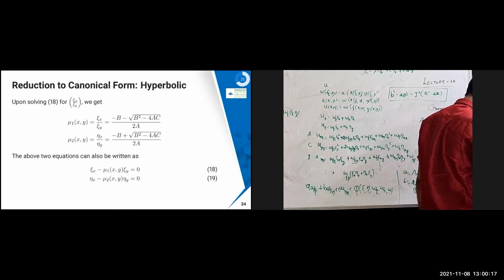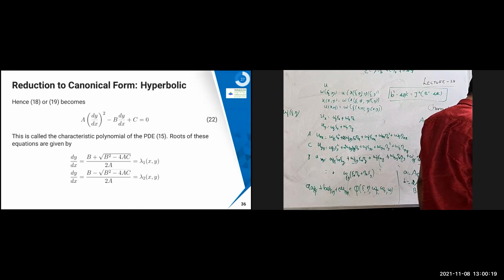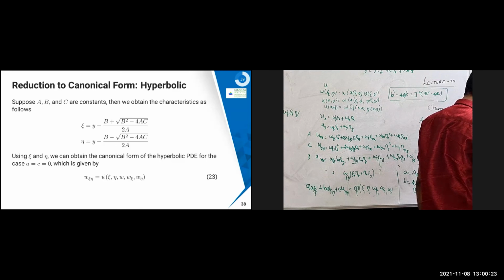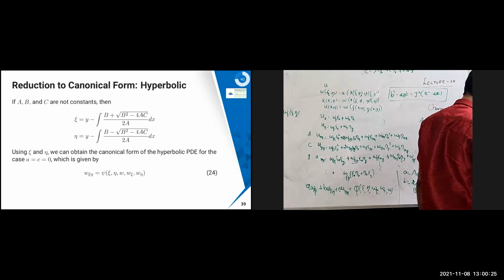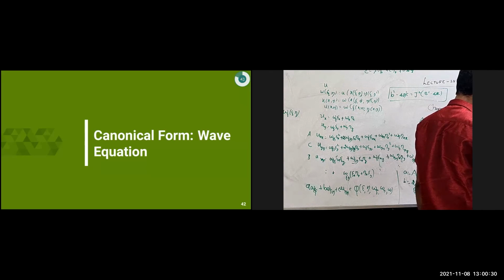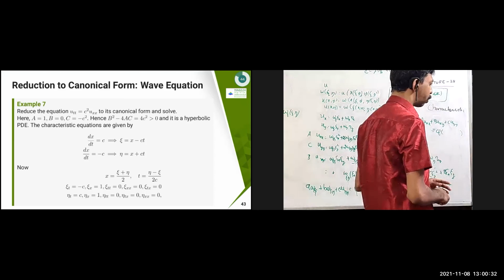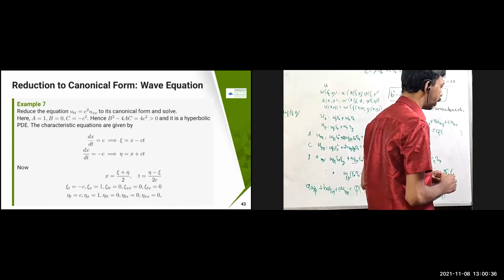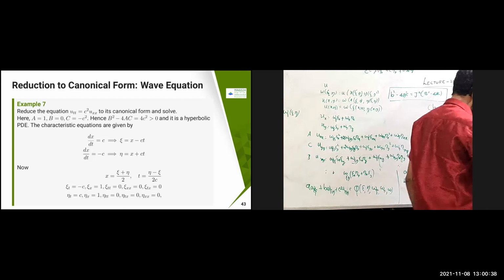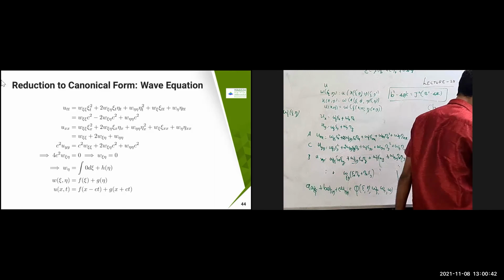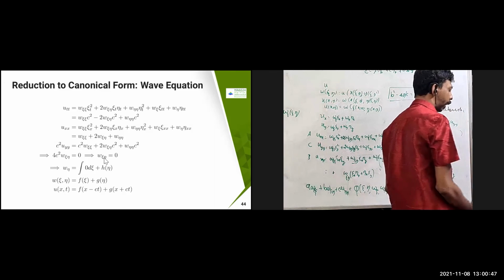So for example, take a hyperbolic PDE. In the hyperbolic PDE, I will just show one case, for example our wave equation case. See, if I use some transformation, then you are going to get your characteristic equation, etc. Ultimately, you are going to get your problem as W chi eta equal to 0.